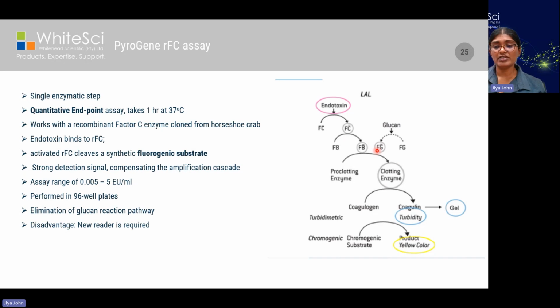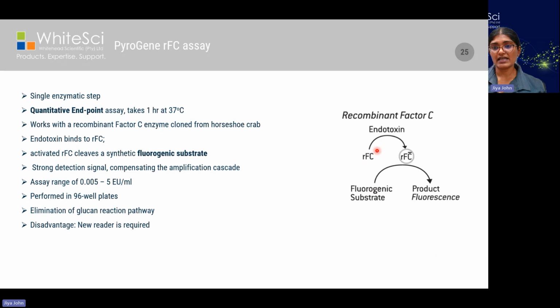So moving to the recombinant factor C assay, this issue does not come into play because there is no pathway for them to interfere with this assay. So that is another advantage of moving over to the RFC assay. The disadvantage would be that since it's a fluorescence-based reading now, you would need a new fluorescence-based reader for conducting this experiment.